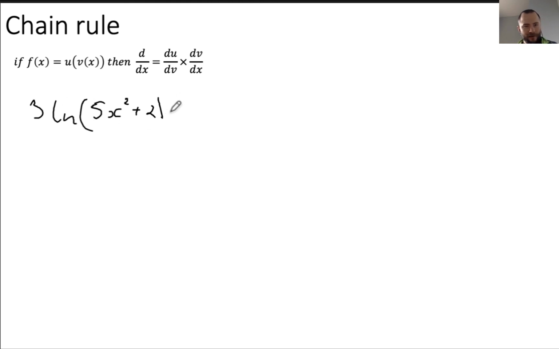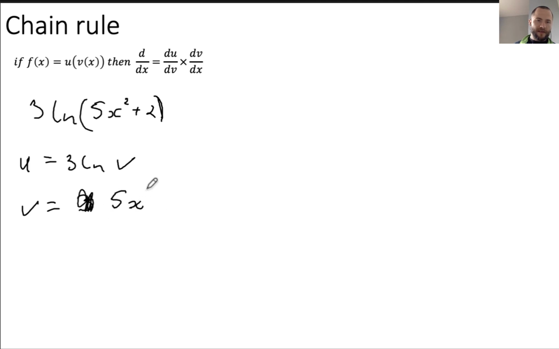Okay, so that's probably a little bit more complicated than we want it to be, but we can still deal with it, because I recognize immediately that this is a function of a function, where for the outer function we have u equals 3 ln of v, and the inner function is v equals 5x squared plus 2. So the derivative of the outer function, du dv, equals 3 over v, and dv dx is equal to 10x.